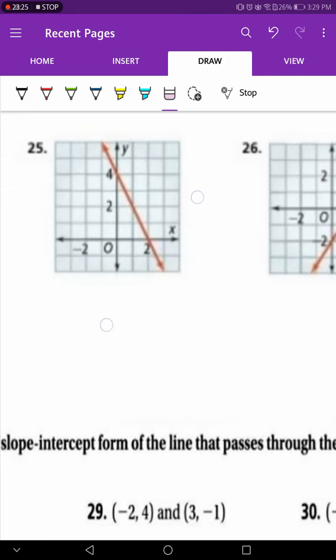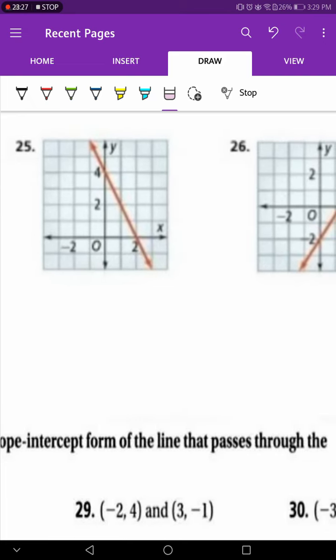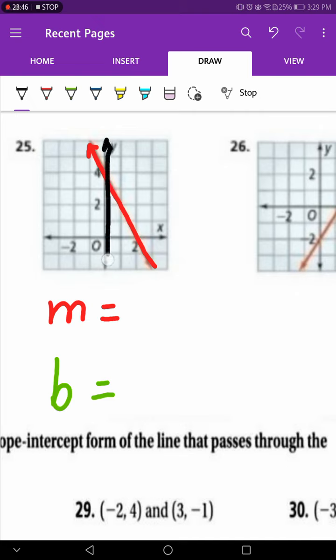Last one here. What is the m? What is the b? The b, the easy one, where the red line or the straight line intercepts the y-axis. It is intercepted here. Yes, it is here.